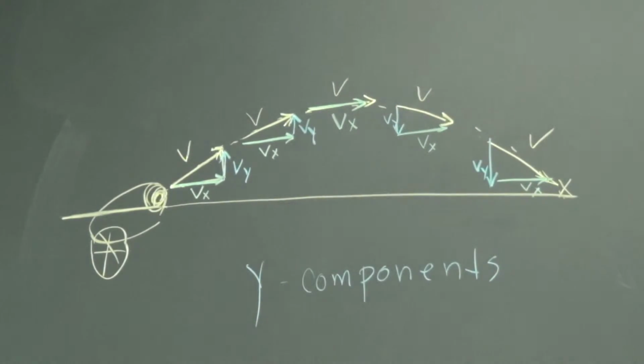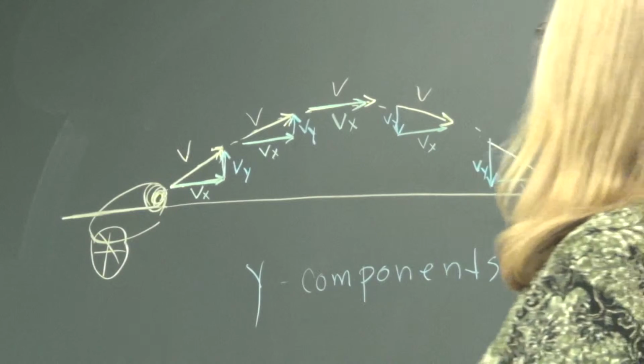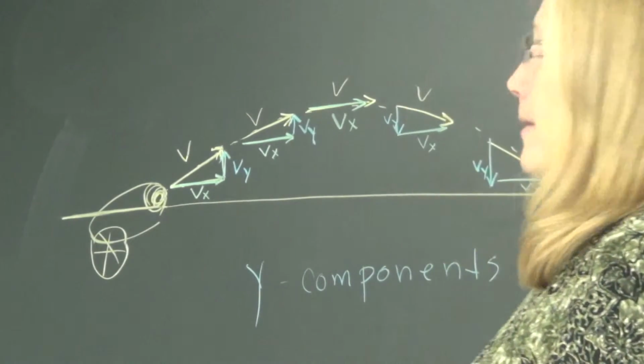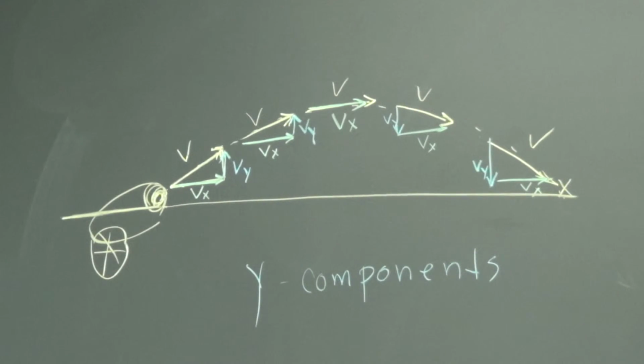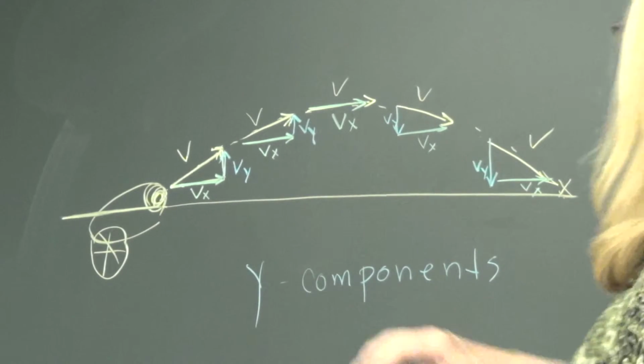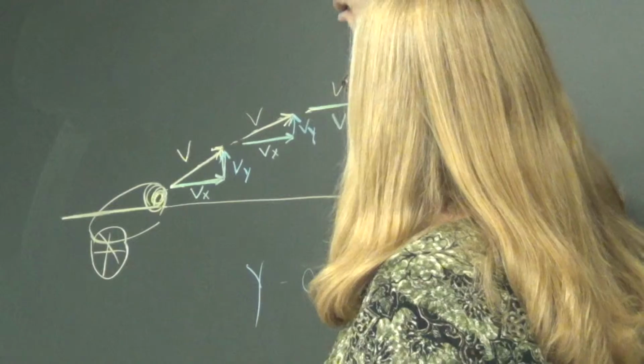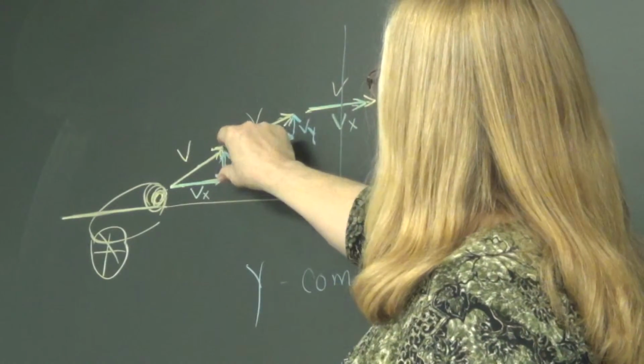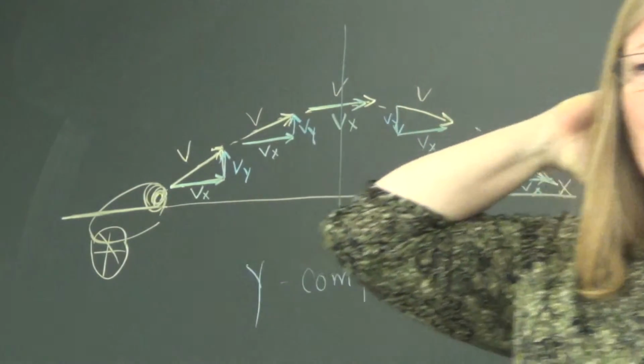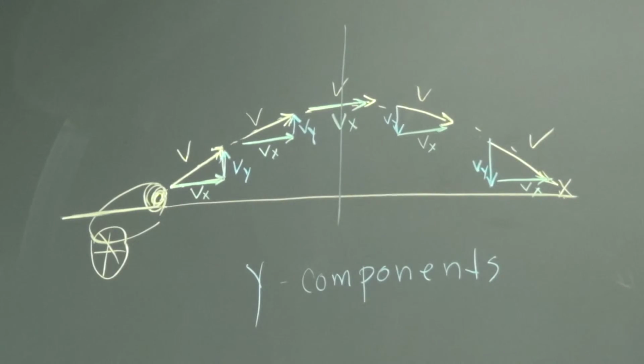You can't see the yellow vector, you can't see the green horizontal, just the blue. So if you're just looking at these blue guys, can you tell me what is happening to the blue vector on the first half of its journey? Is it growing or shrinking? What do you think, Brian, the blue vector?